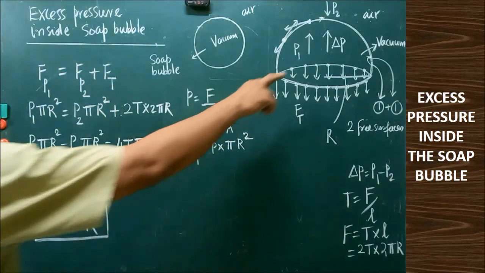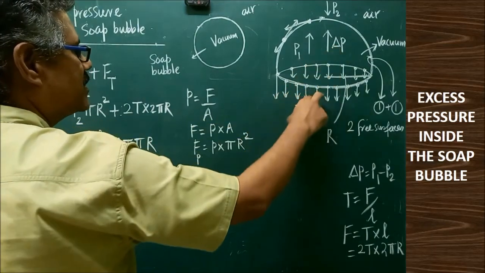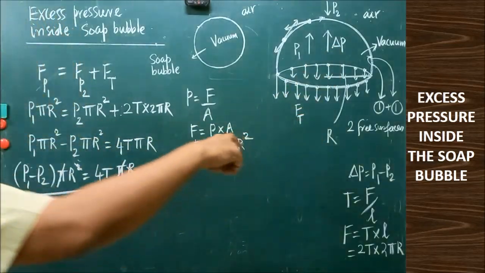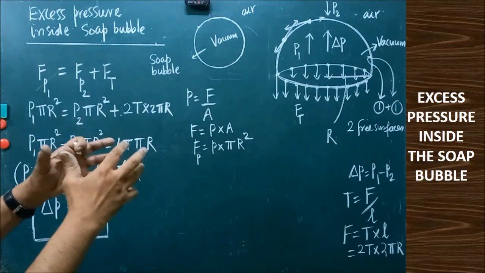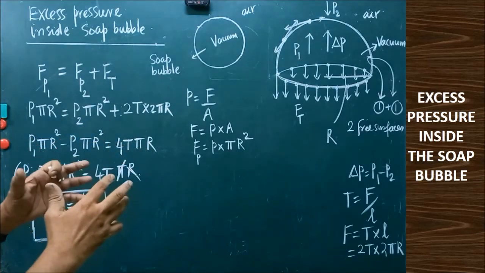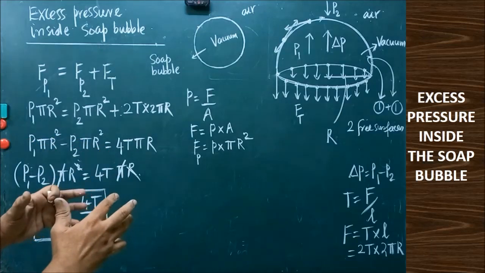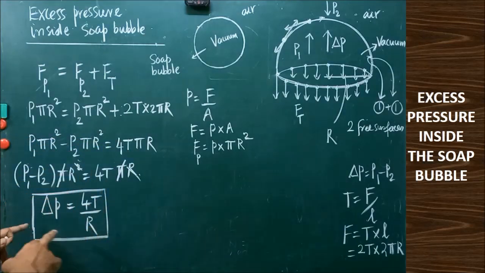One is the force due to excess pressure and the other is the force due to surface tension. Both are acting in the opposite direction. Both of them must be in equilibrium. Only then will the soap bubble remain in spherical shape. That is another concept. So this is the expression for excess pressure. Okay. So I have derived the excess pressure in the case of soap bubble, in the case of liquid drop, and also in the case of air bubble. Be thorough with all the expressions.